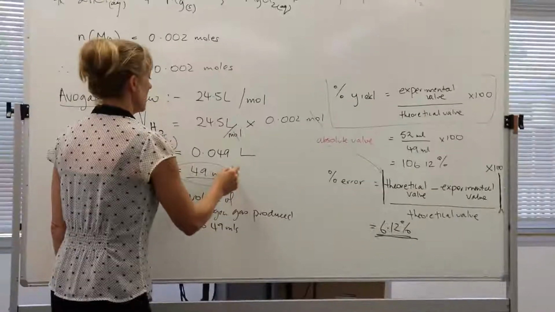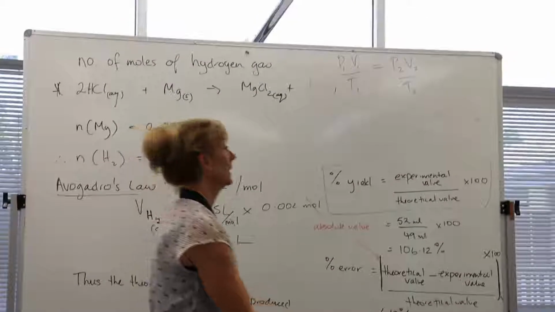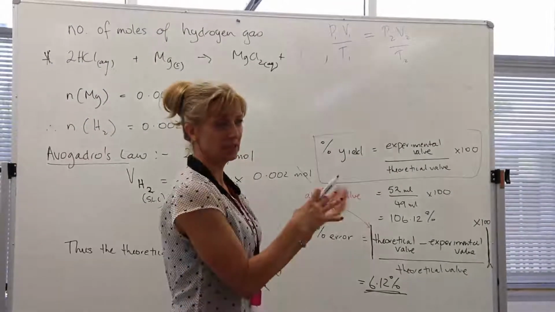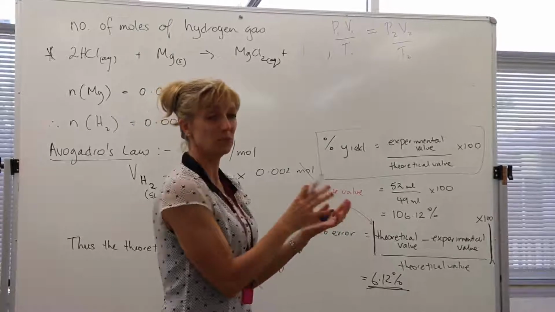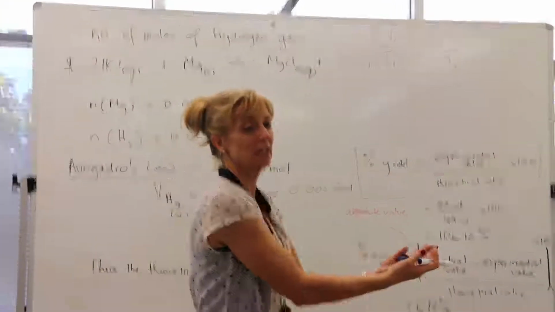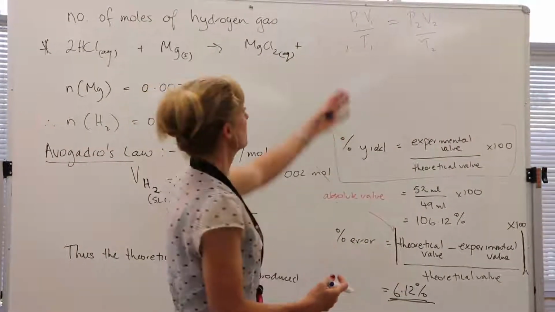Beautiful. So we want to convert our experimental value as if it was perfectly in, this is what you'll be doing this afternoon. You'll be collecting butane gas and measuring its volume, and then you have to convert it into SLC or STP. So you use this.